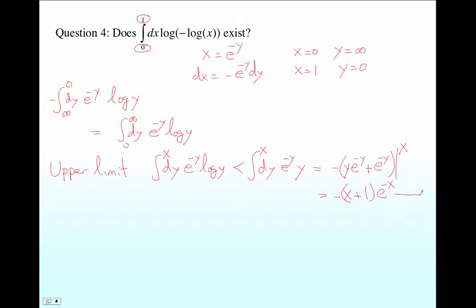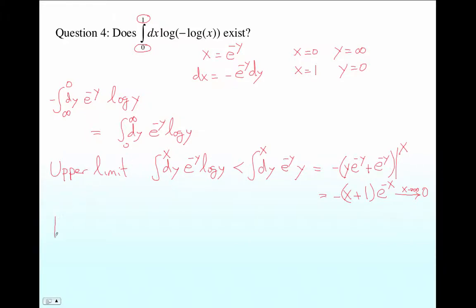And as x becomes larger and larger, that goes to 0. So as x goes to infinity, e to the minus infinity will make this go to 0. This x plus 1 doesn't matter because the exponential grows faster than any power of x, and we can make this e to the minus x, just put it in the denominator if you're not happy with this. So at the upper limit, the integral converges.